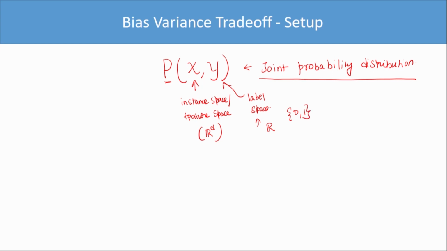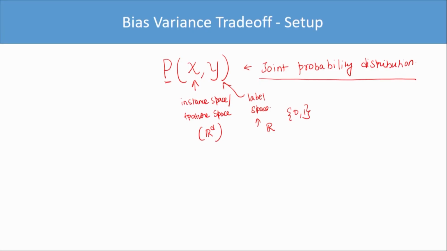The moment I say there is a probability distribution over X cross Y and the label space is 0, 1, that also means this induces a conditional probability distribution of Y given X. What that also means is that for every given feature X, there is an inherent chance, in the case of binary classification, that this feature has a label of 0 and it can have a label of 1.